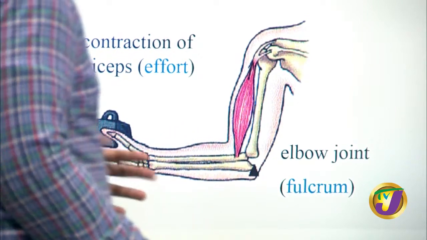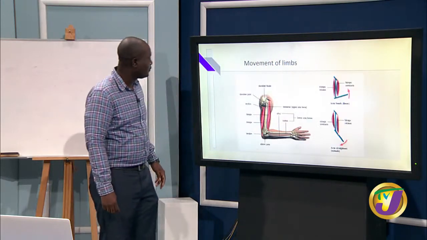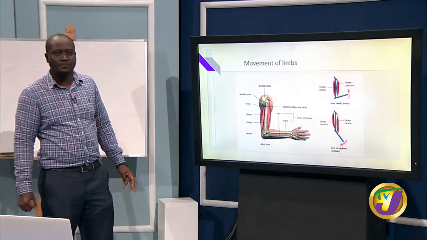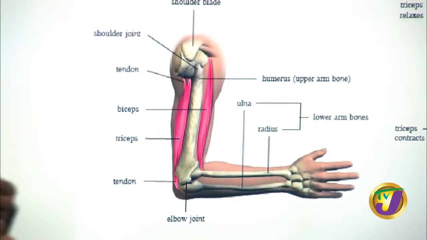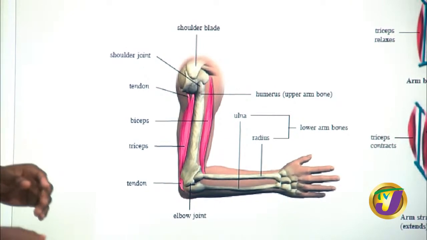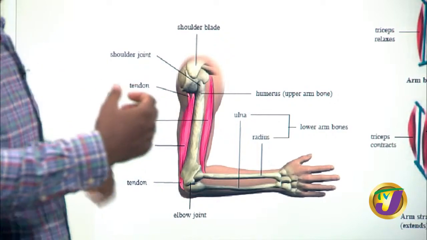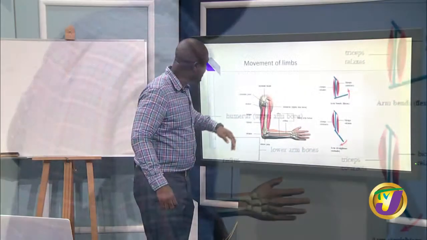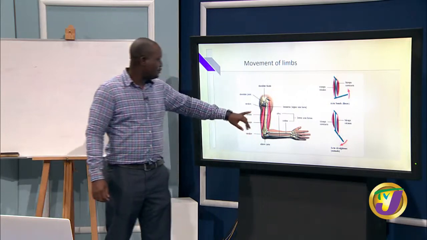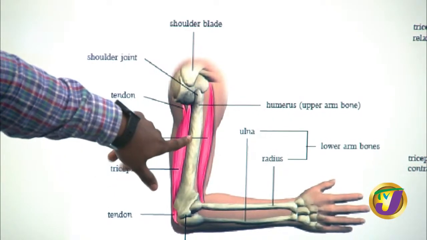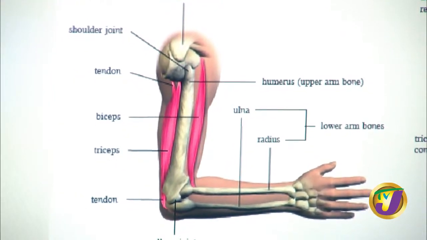We're going to look at the different muscles involved in movement of your forearm. I don't want to display it too much because my huge bicep might tear my shirt, but to flex your arm, you have the bicep and the tricep, and these are called antagonistic muscles, meaning that they work against each other.